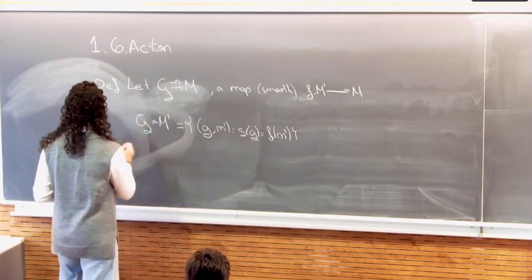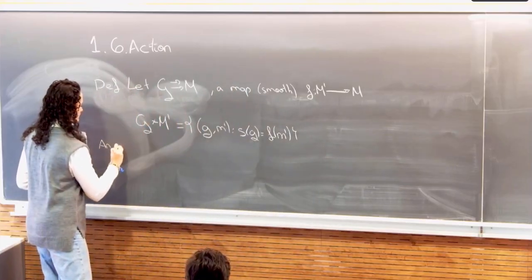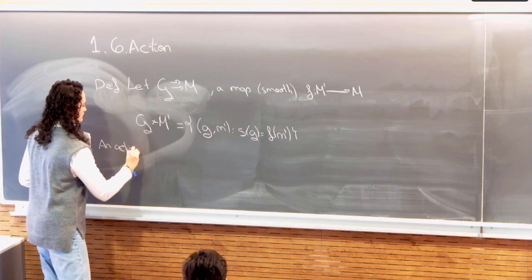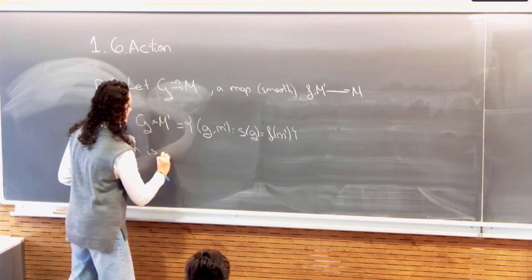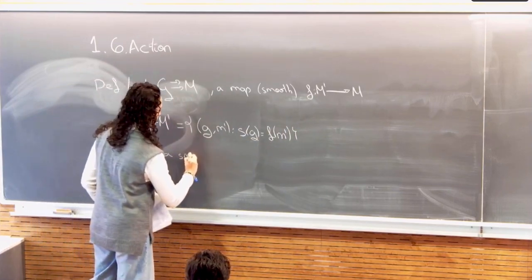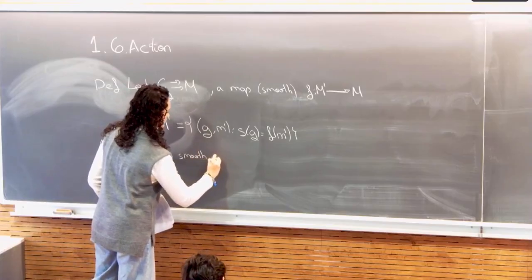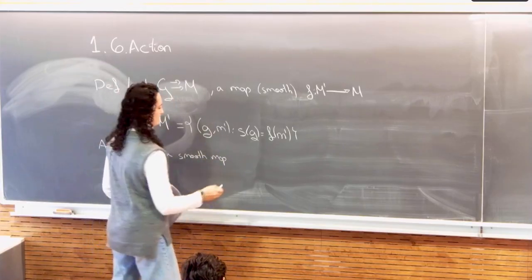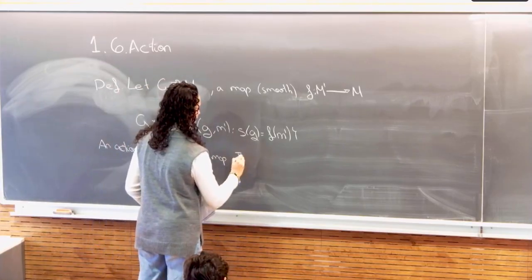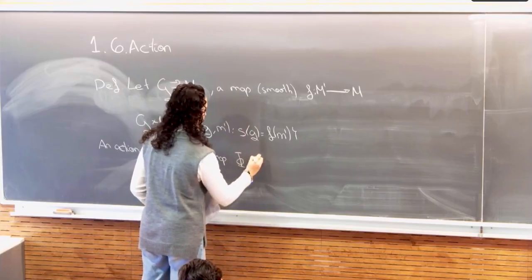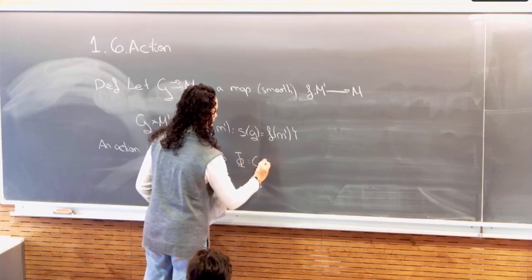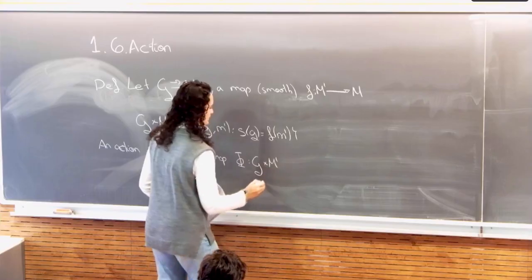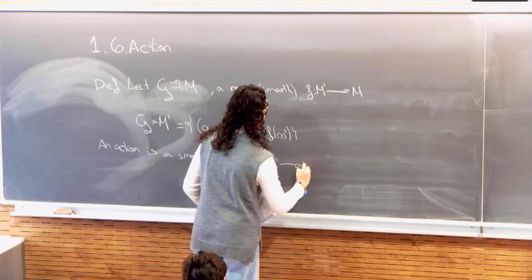And an action is going to be a smooth map that takes pairs of elements of G star N prime and takes them to N prime.